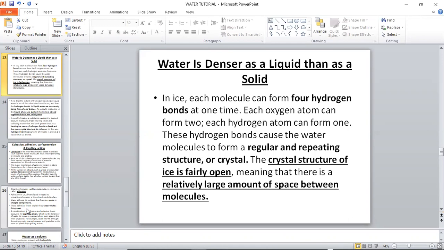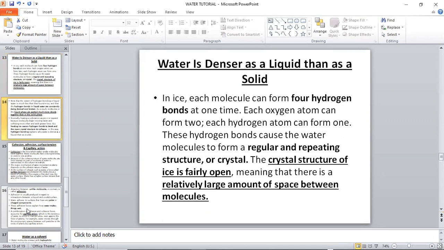So in ice, those hydrogen bonds cause the water molecules to form a regular and repeating structure, or a crystal. This crystal is fairly open, meaning there is a relatively large amount of space between the molecules.